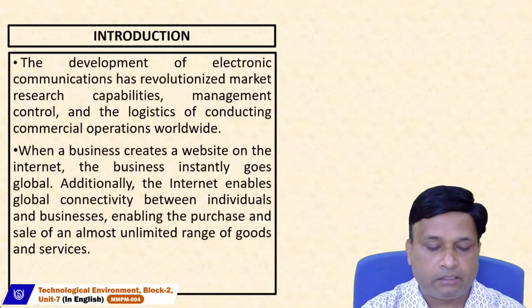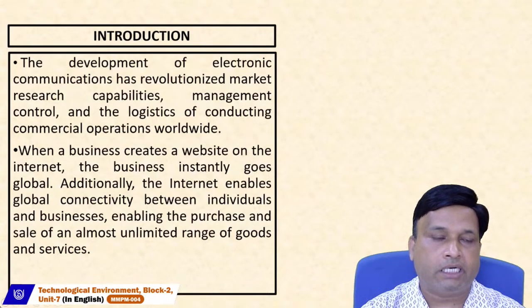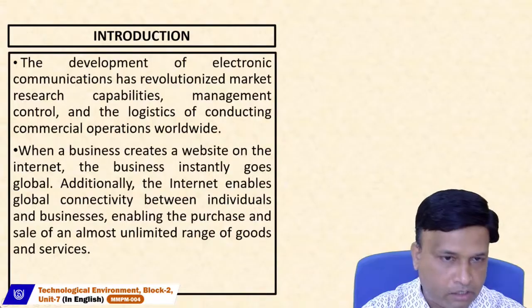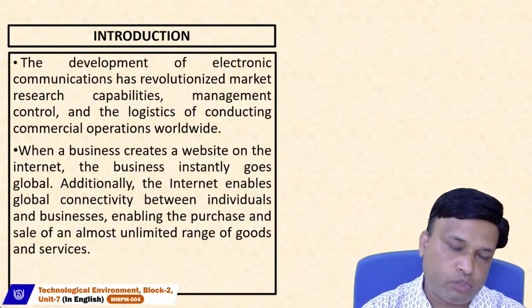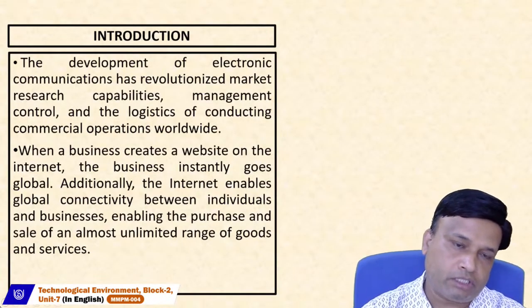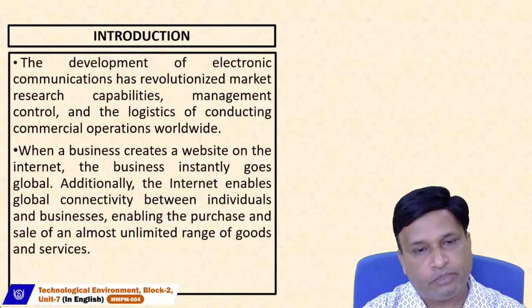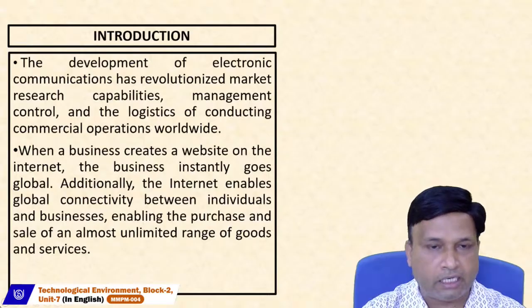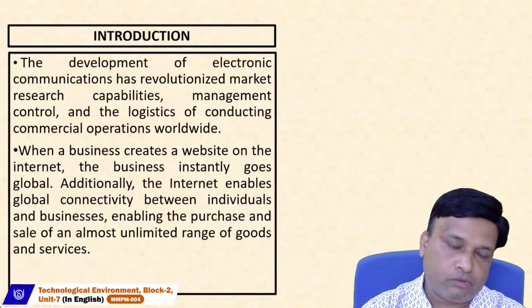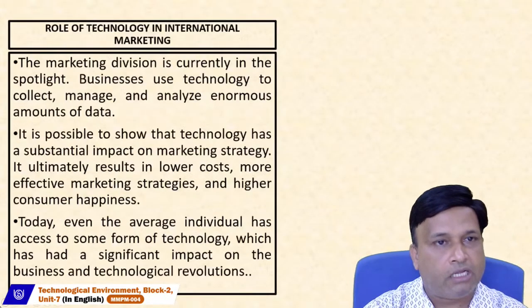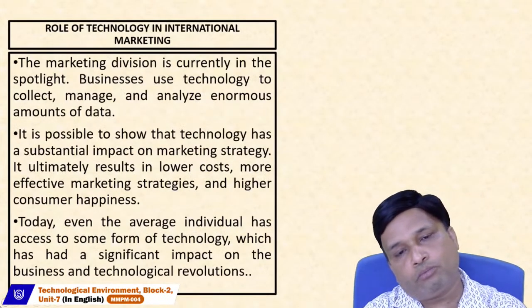For that reason, the marketer has to understand the technological aspect and how it can be included in your business offerings, so that it will reach different sections of customers altogether. And along with that, because of technology, you can come up with a new solution altogether. Then you talk about what the role of technology is.